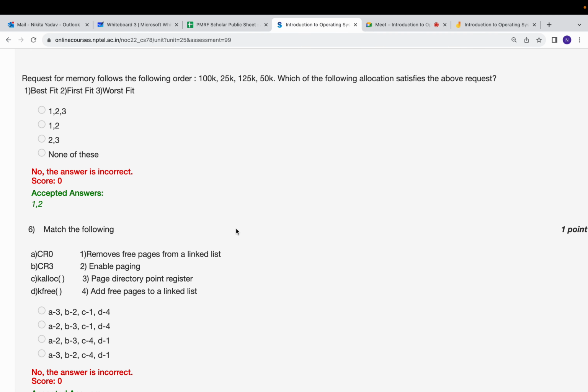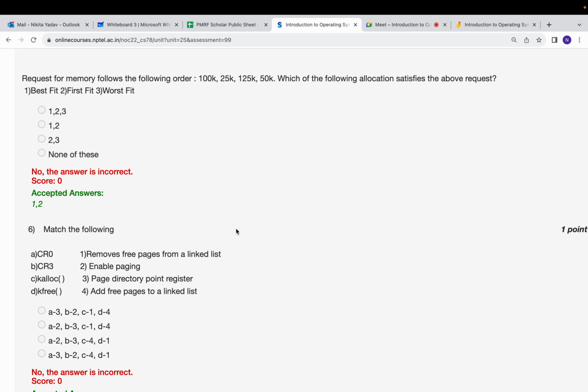Let's look at this question. I will not answer this; I'll just ask you to look at it and try to answer it. Don't answer it in the chat box, because this question is also there in your assignment. The question is, you have to match the following. CRs are control registers which are present in your processor.